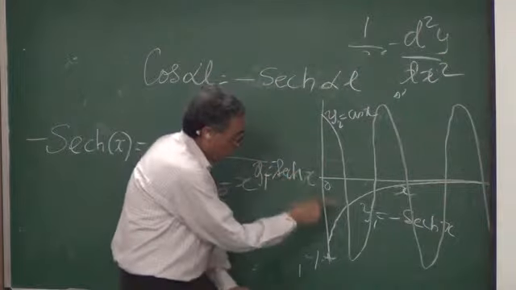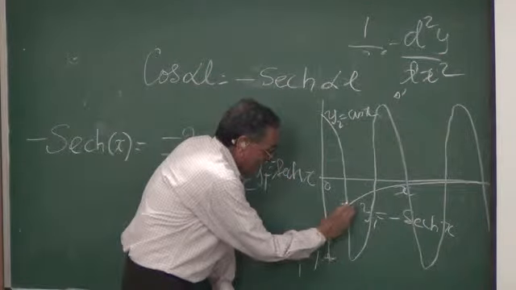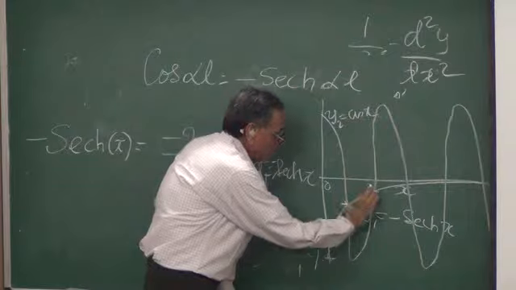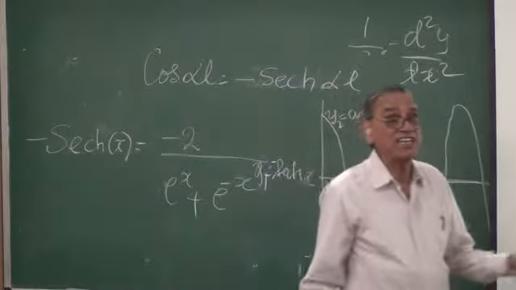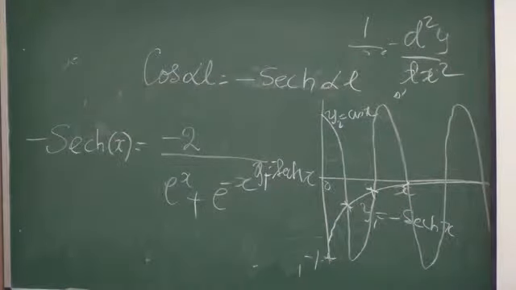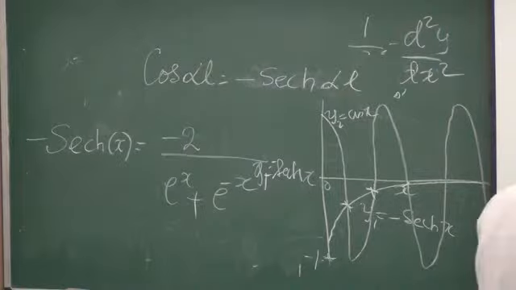Where the two curves intersect, those are the values of x for which cos x is minus sech x. You can find those values. The first value is 1.875.